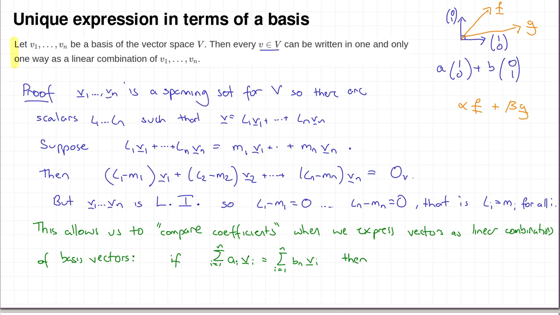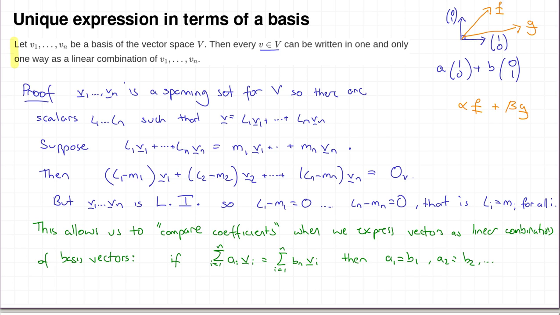And similarly for v2, v3, and so on. So a1 must be equal to b1, a2 must be equal to b2, and so on. That's what people mean when they talk about comparing the coefficients.